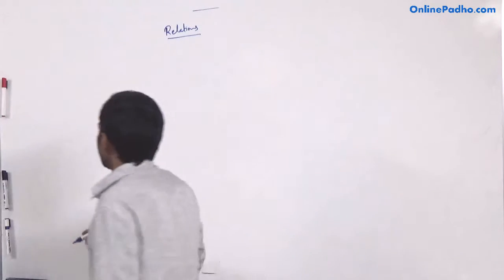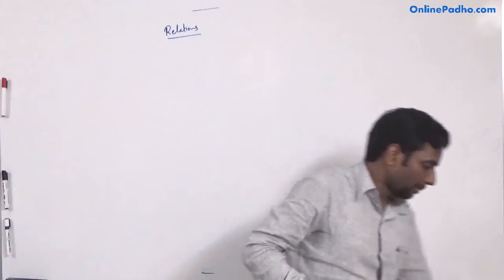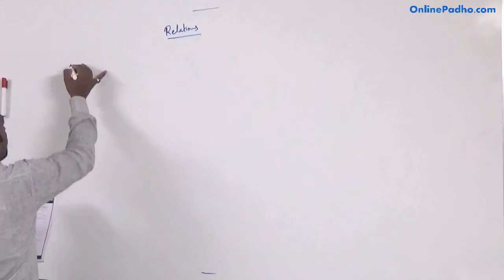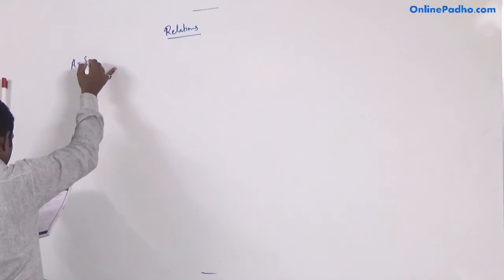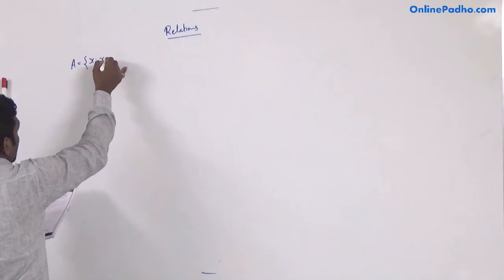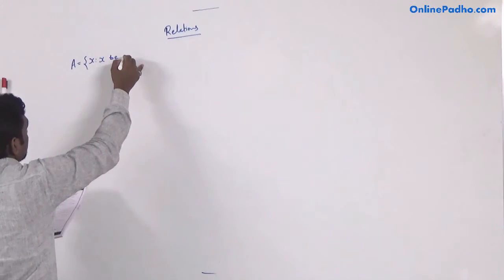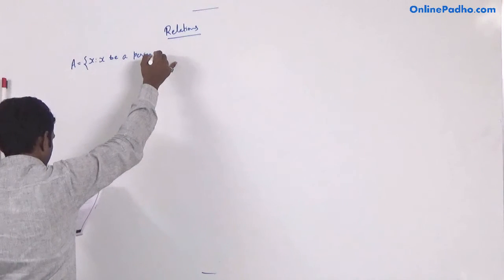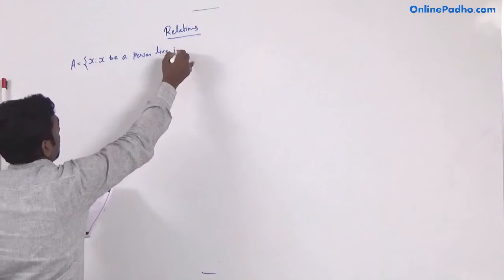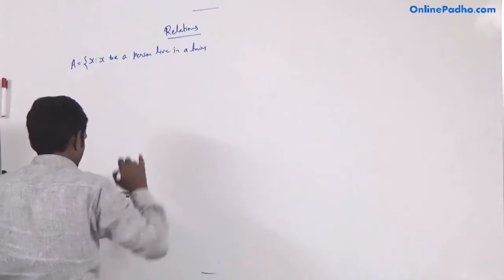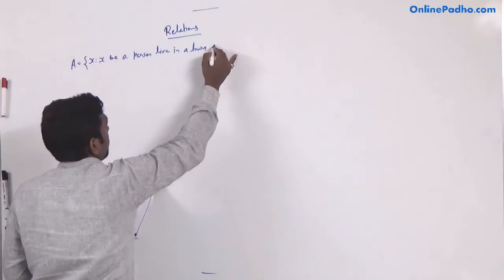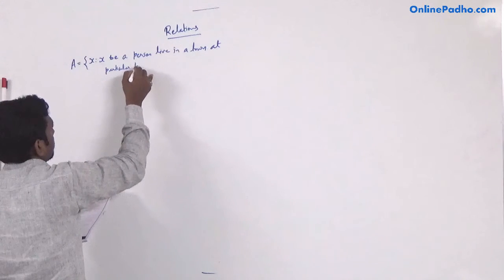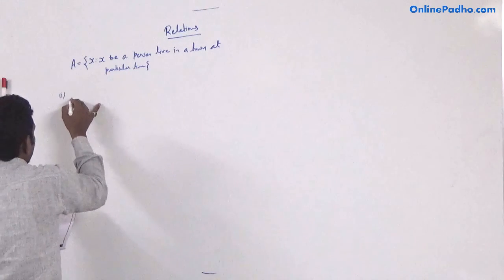Let us consider a practical question: if A is a set, X is such that X is a person who lives in a town at a particular point of time, right? And we have some different relations.